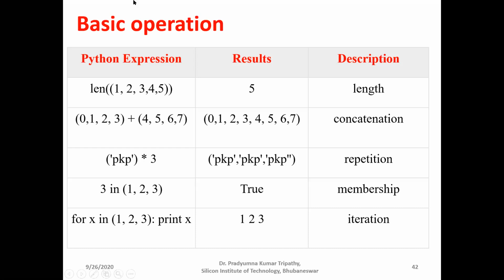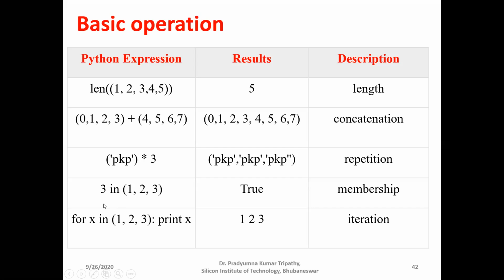And I can use the membership operator, in or not in. If 3 in this or 3 not in this, it returns true or false. So if I check whether 3 is in 1, 2, 3, it returns a Boolean value, whether 3 is present in the tuple or not.